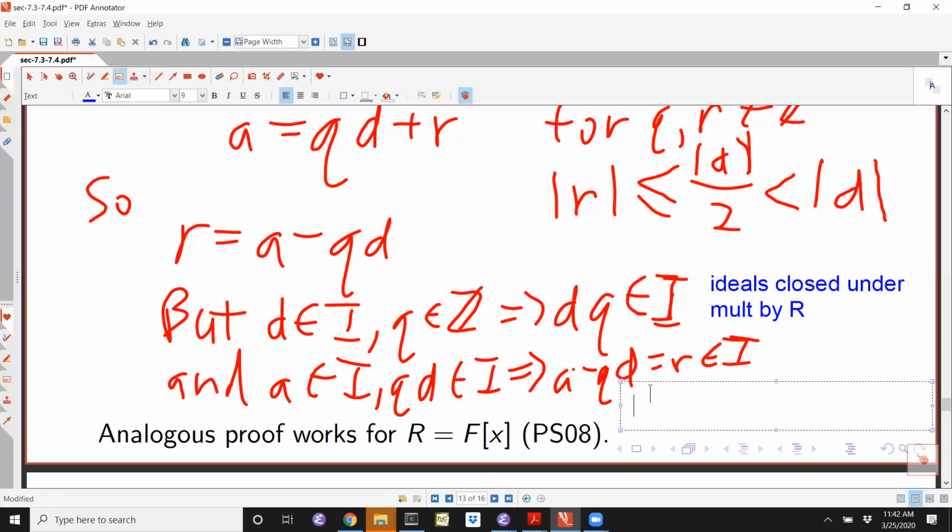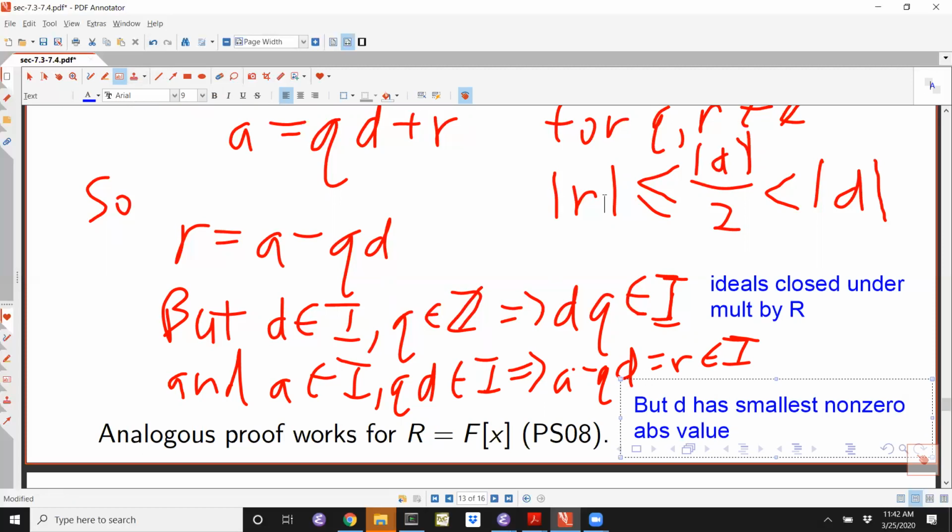But here's the key point: d is chosen as having the smallest non-zero absolute value, and the absolute value of r, we saw up here, is actually smaller than the absolute value of d.